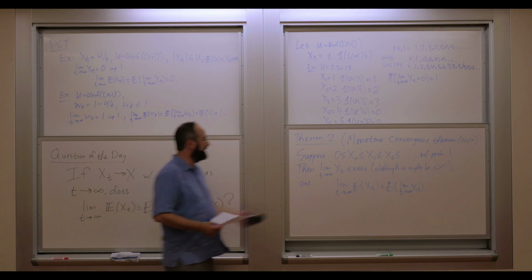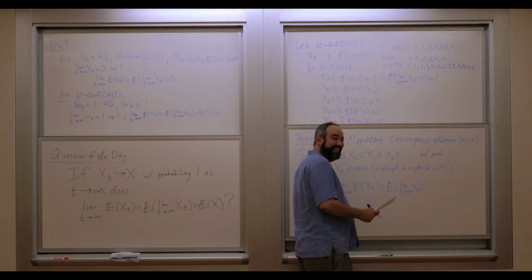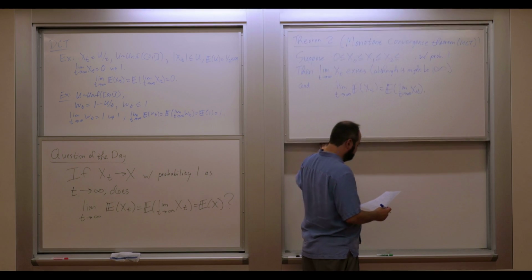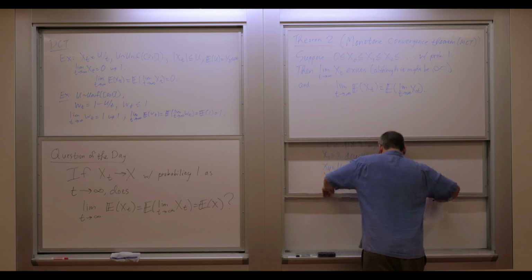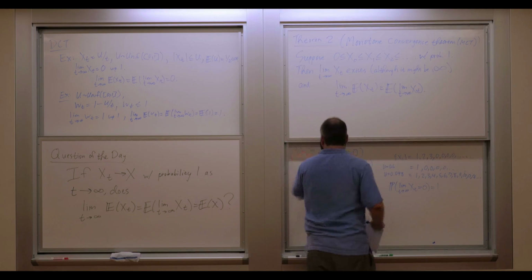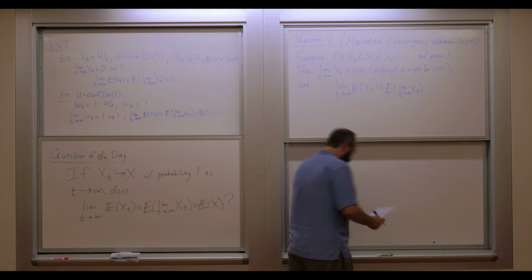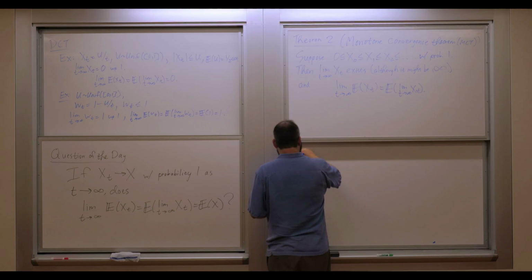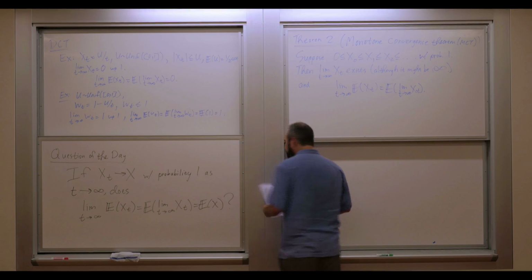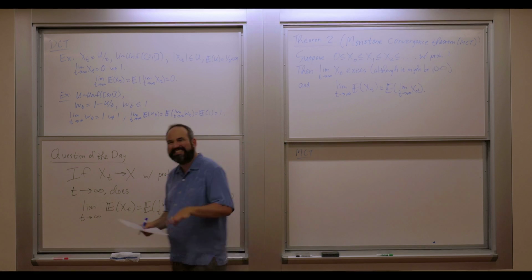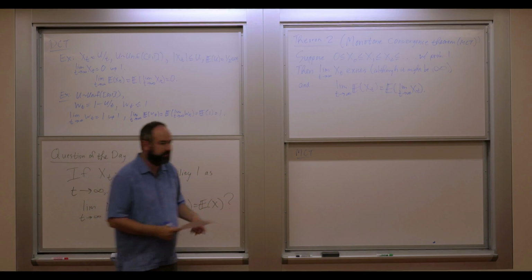Now let's look at some examples of the MCT, the monotone convergence theorem. One place where the MCT is used often is where we're dealing with the sum of random variables.